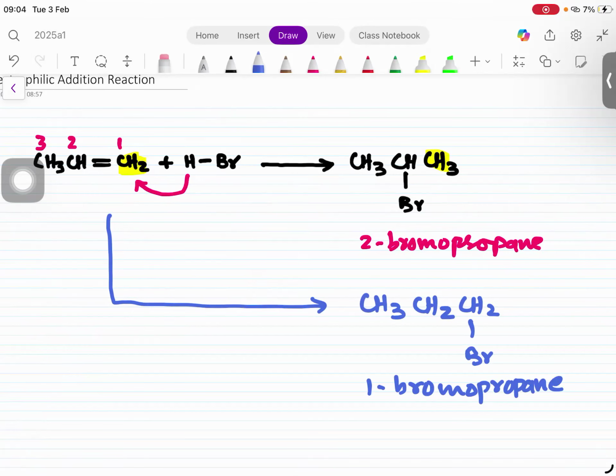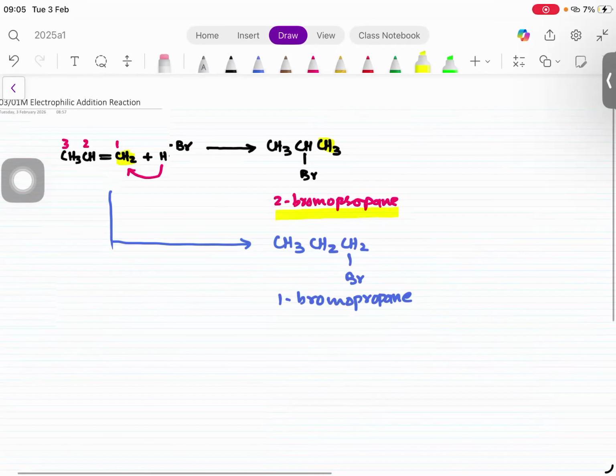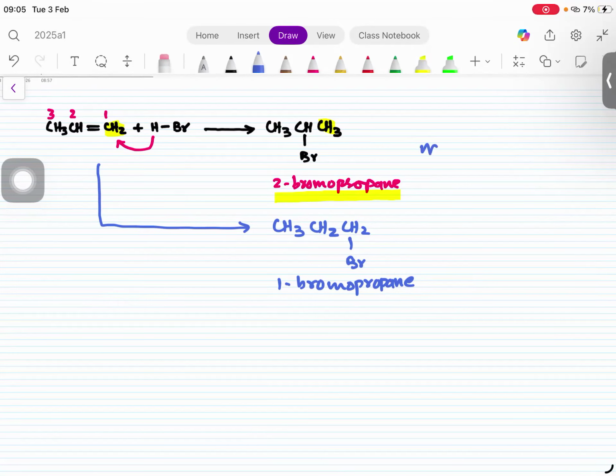So what we were expecting is that they should be in equal amount because there is an equal possibility or equal chance, but it's not the case. Actually, they are not in equal amount. The product that I have written on the top is the major product. It is the one that is formed in the major amount, and the one that is underneath is the minor.